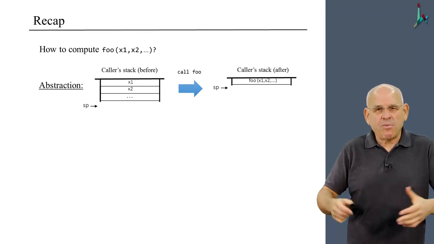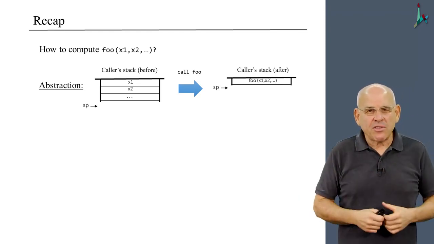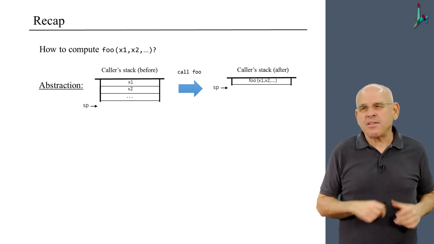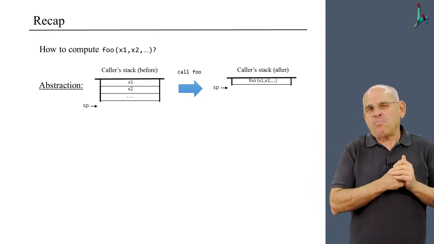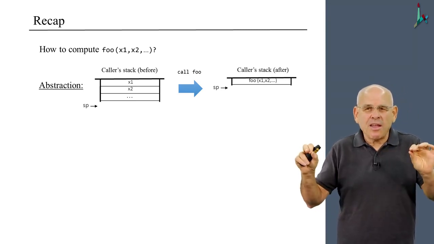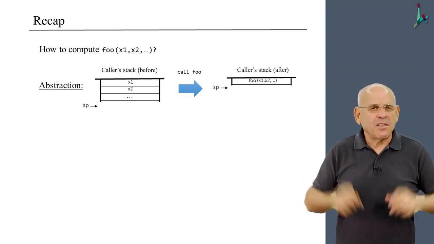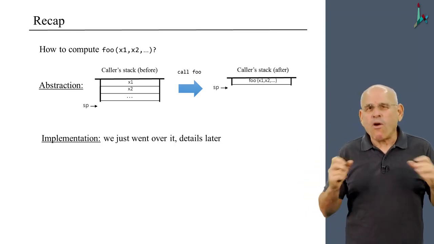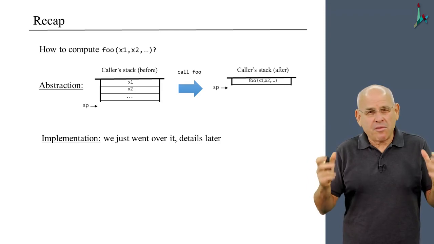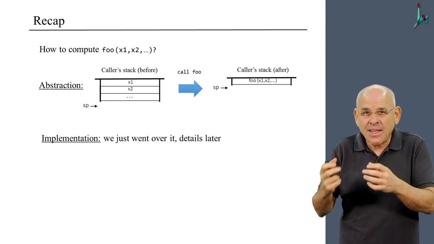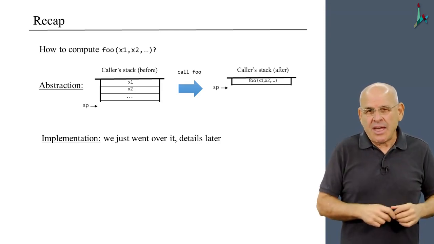And the result is going to be the value of this function evaluated on these arguments, and it's going to replace the arguments that you pushed, and that's it. So from the abstract standpoint, life is very, very simple. From the implementation standpoint, oh boy, we just went through what has to be done, and we haven't even gotten to the details yet, which we'll get to in the next unit.